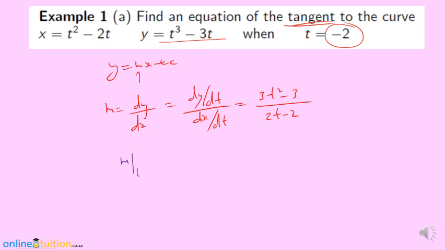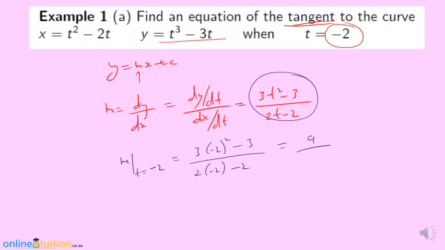So at t equal to minus 2, it'll be 3 into minus 2 squared minus 3, all over 2 into minus 2 minus 2. Minus 2 squared is 4, 4 times 3 is 12, 12 minus 3 is 9. That went very quickly. Minus 4 and minus 2 is minus 6. 9 over minus 6 is 3 and 2, so the gradient at t equal to minus 2 for that function is minus 3 over 2.